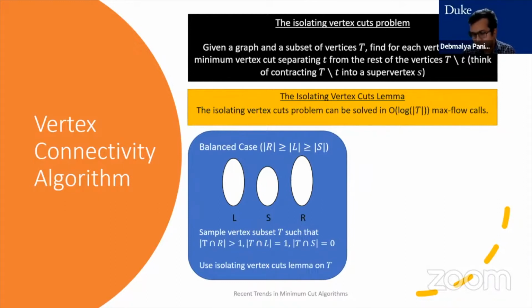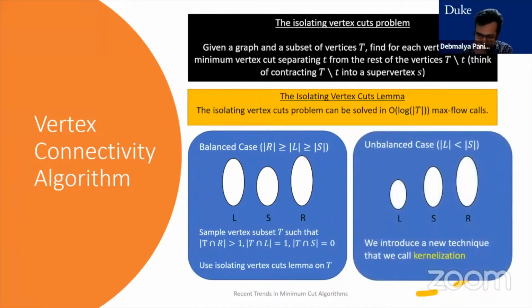But you sample exactly one vertex from L, and you sample no vertices from S. This is possible because S is smaller than L. If you are sampling at the correct rate, with some reasonable probability, for instance constant probability, you will get this property. Once you have such a sample, you are back to your favorite techniques. Just use the isolating vertex cuts lemma on this sample, and you are done.